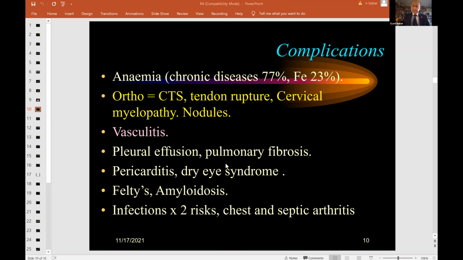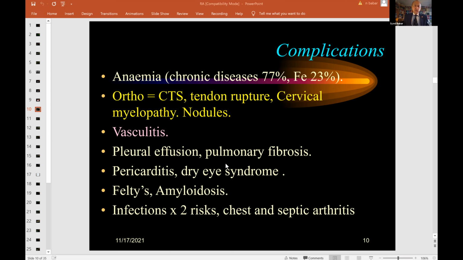What are the complications associated with rheumatoid arthritis? There is usually anemia of chronic diseases to the extent of 77%, but there would be some degree and in some cases of iron deficiency anemia as well.